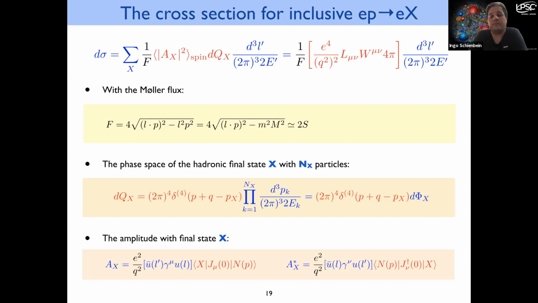In red, the hadronic current, in blue, the leptonic current, and then the coupling, e squared, and the propagator factor, 1 over Q squared. And the complex conjugate is written on the right side, according to the rules of quantum mechanics, right? For a bracket, when you take the complex conjugate, you exchange the states, and the operator has to be replaced by the Hermitian conjugate.